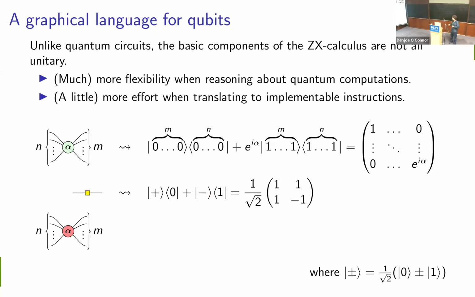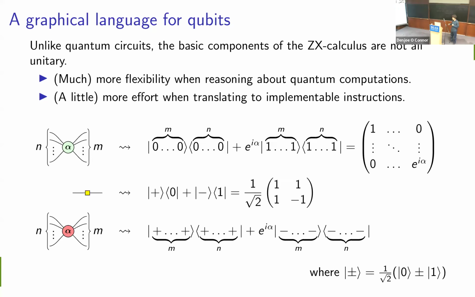This little yellow box is the Hadamard gate, which we've already seen before, written with an H. That maps between the computational basis, the Z eigenbasis, and the X eigenbasis, which is usually denoted by plus and minus, so ket plus and ket minus, as defined down here. It's an equal superposition of ket 0 and ket 1, with either a plus sign or a minus sign between them.